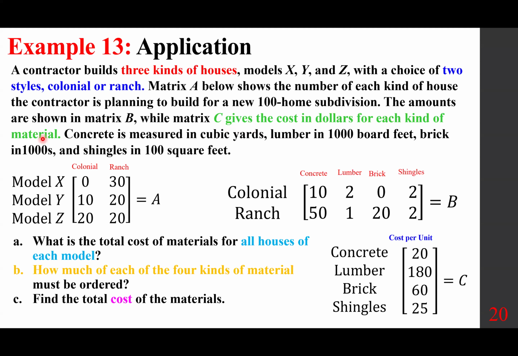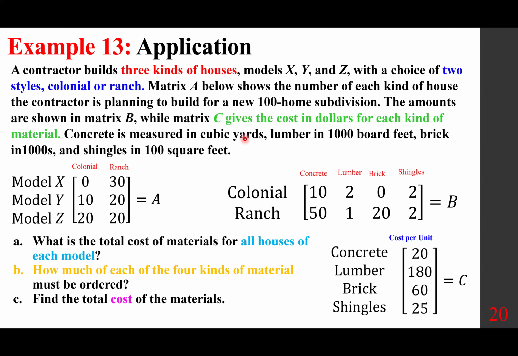So concrete cost per unit is 20 bucks, or 20,000, whatever 20 represents. Probably it's just dollars. Lumber is 180, brick is 60, and shingles is 25. So C gives the cost in dollars for each kind of material.